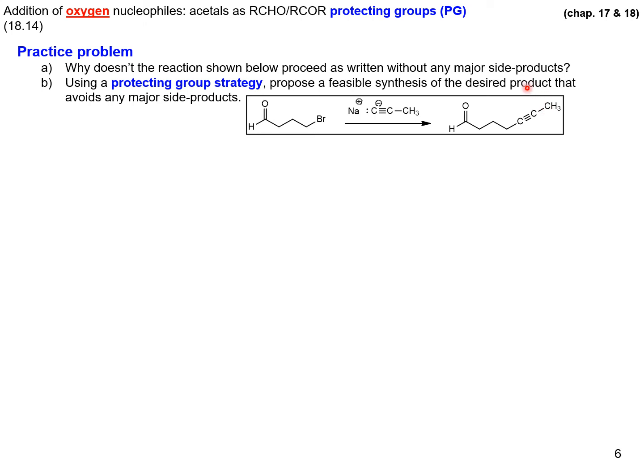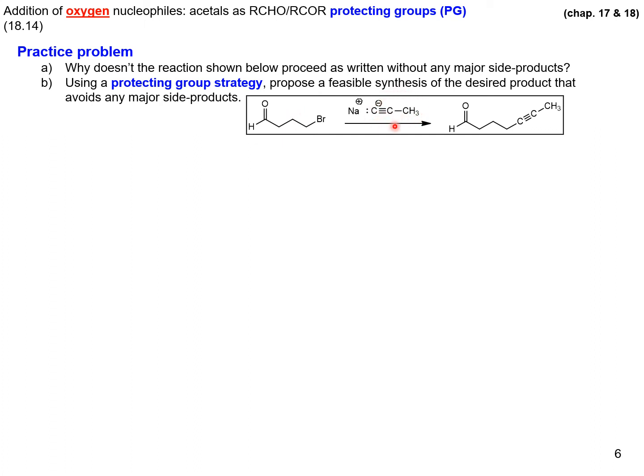Suppose I needed this compound desperately to be used as a starting material in a chemical synthesis. And on the shelf, I had a bottle of this molecule that has an aldehyde and alkyl halide functional group. I might think that, well, maybe I can take this and I can treat it with this nucleophile.